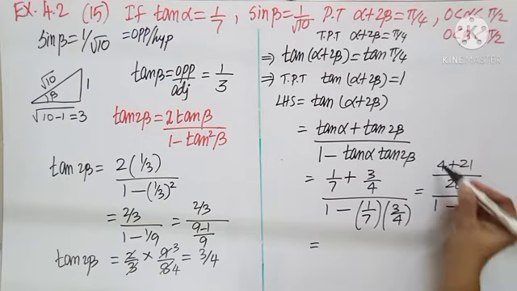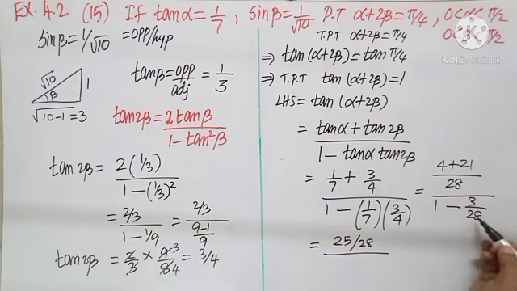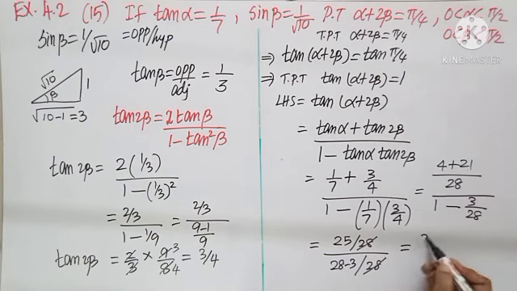The next step, it is 25 by 28. Denominator, take LCM 28 minus 3 divided by 28. 28 cancels. 25 by 28 minus 3 is also 25, which gives rise to 1.